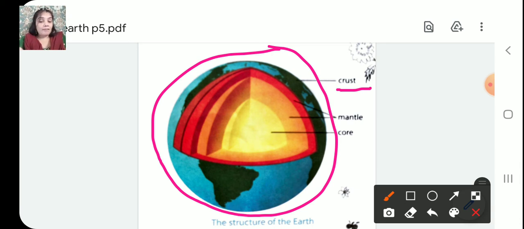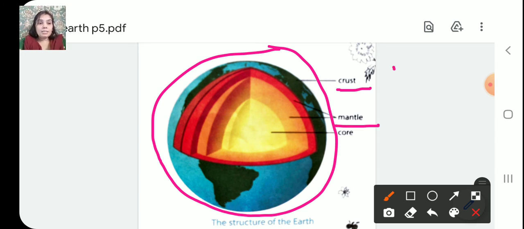It has an average depth of about 40 kilometers. All that you will study in higher classes. The earth's crust is very small. It is made up of soils and rocks. And below the crust is the mantle.